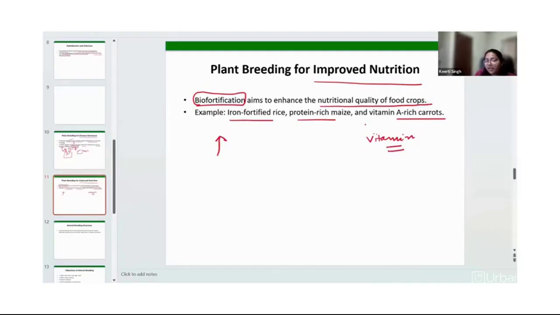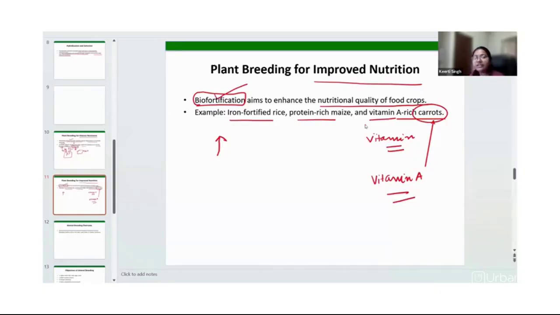So rather than taking some kind of medicine to increase the level of vitamin A inside the body, they may eat vitamin rich carrots, right? This will automatically increase the vitamin A level inside the body. So what we are doing, we are biofortifying a particular nutrient in a particular crop.